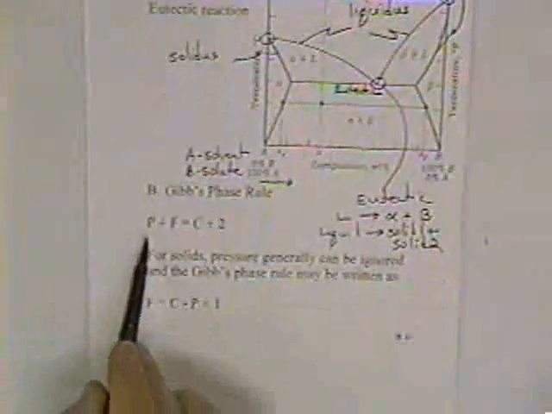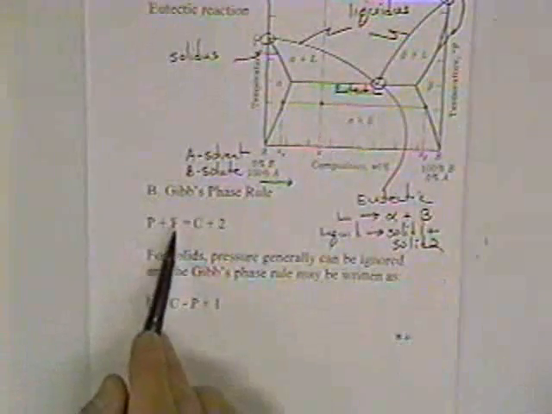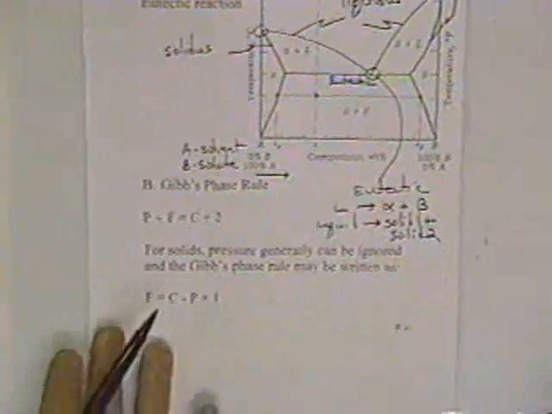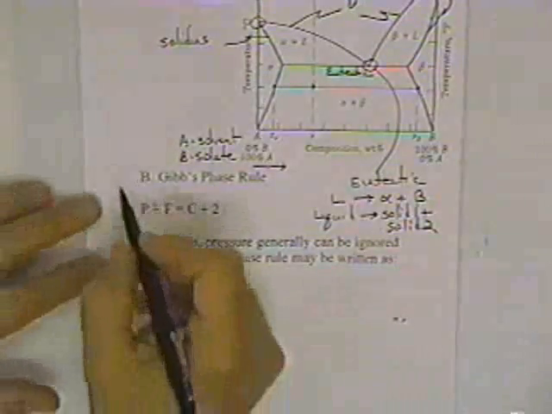Now, we can talk about the Gibbs phase rule, which can help us identify what goes on in this system. The Gibbs phase rule is defined as the number of phases plus the degrees of freedom is equal to the number of components plus 2. And for solids, pressure can generally be ignored, so the Gibbs phase rule can be written as the degrees of freedom is equal to the components minus the phases plus 1.